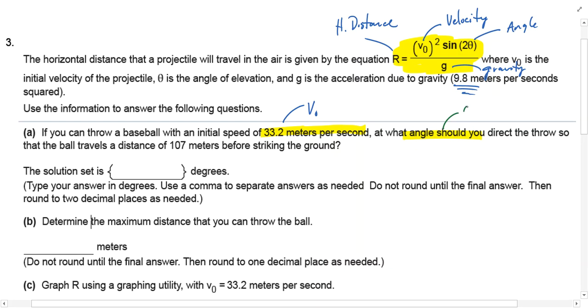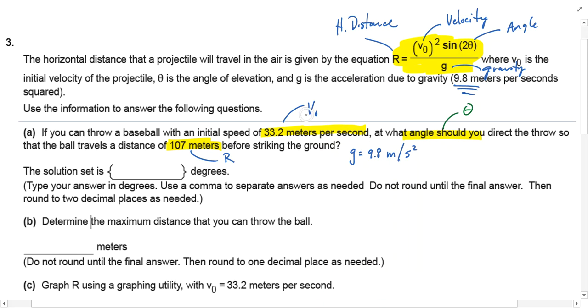So this is what we're looking for. We're looking for the theta value so that the ball will travel a distance of 107 meters. Well, our 107 meters is the R value in this case. Keep in mind, too, that g was described as 9.8 meters per second squared.